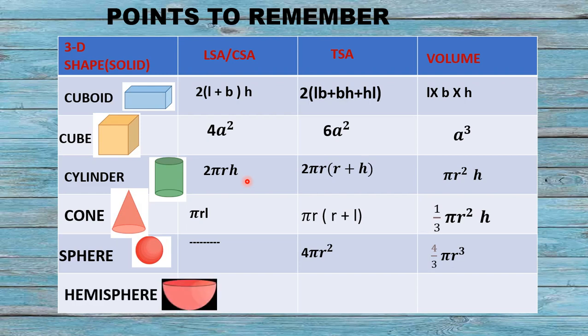The hemisphere, which is half of the sphere, has curved surface area 2 pi r square, total surface area 3 pi r square, and volume half of the sphere, that is 2/3 pi r cube. We have to remember all these formulas, which will help in finding the area and volume of combinations of solids.